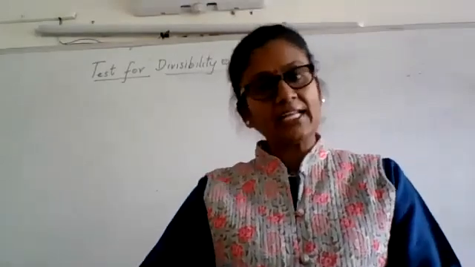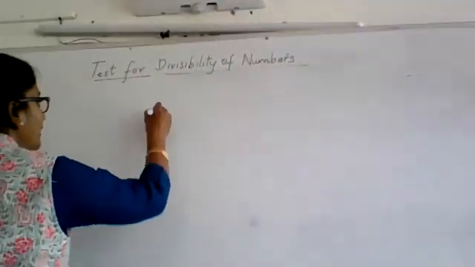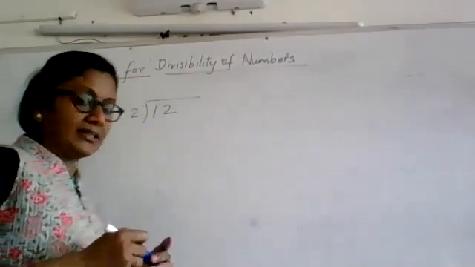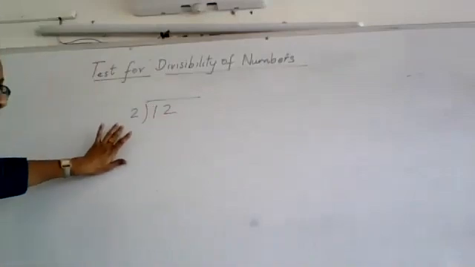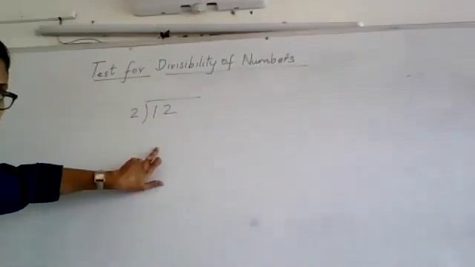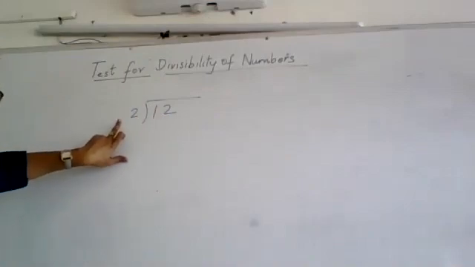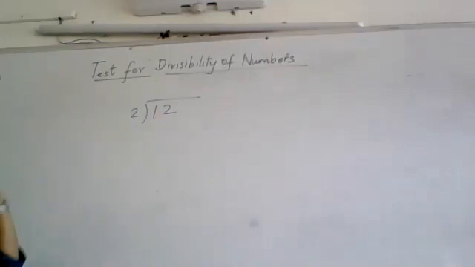Because we know 12 is a multiple of 2, when I divide 12 with 2, it should not give a remainder. If the remainder becomes 0 when I divide 12 with 2, then it means 12 is divisible by 2. That means you are able to divide 12 with 2 without giving any remainder.